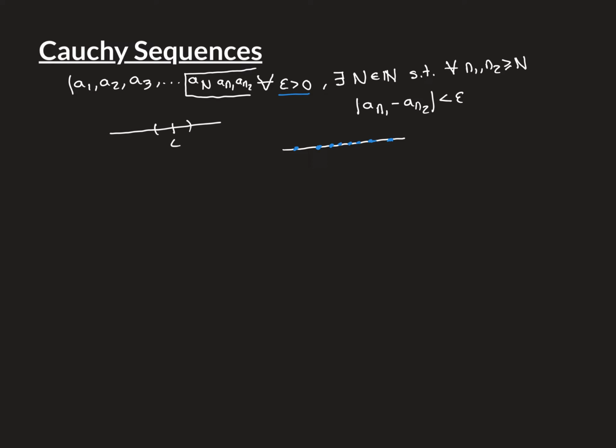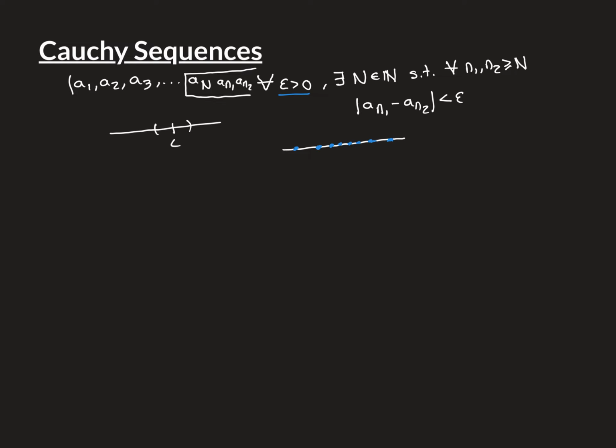Cauchy sequences are all convergent in the real numbers, but that's not true in a structure like the rationals, where there are holes, for instance the square root of 2, because actually, as I'll show you later on, we can create a Cauchy sequence that is going to converge down to the square root of 2, where all the terms of that sequence are actually going to be rational numbers.